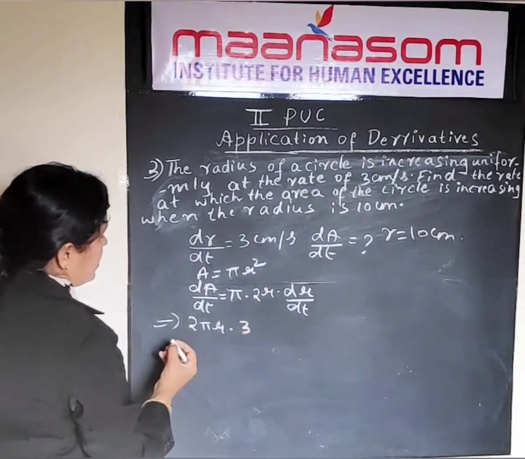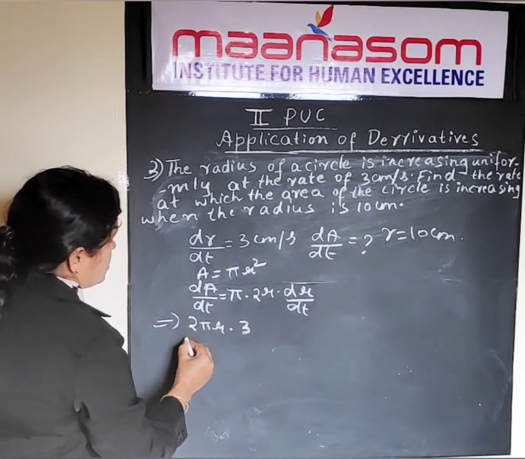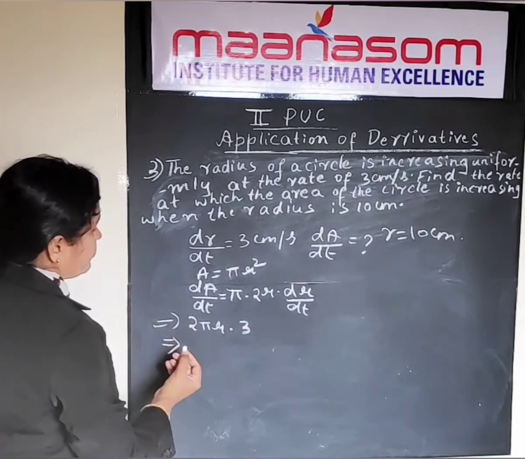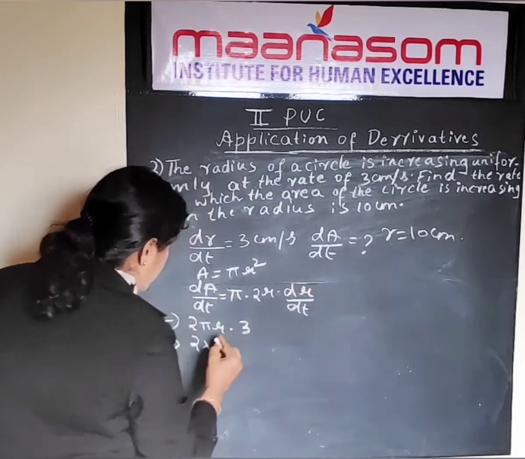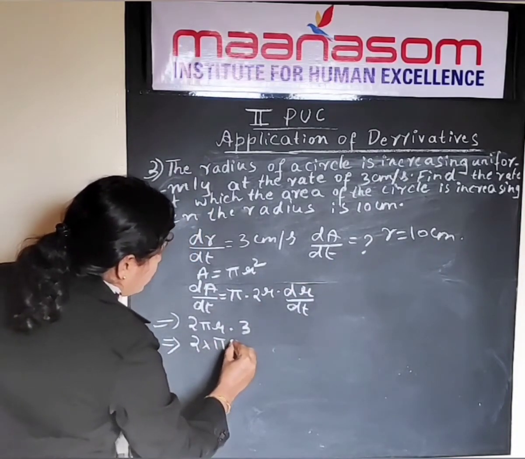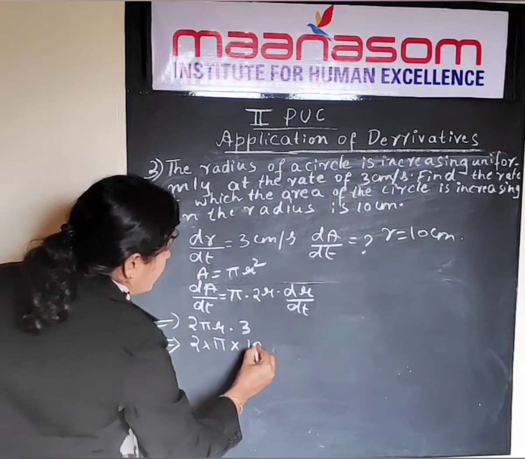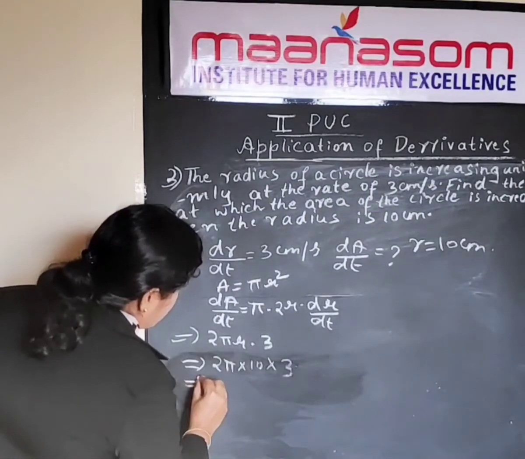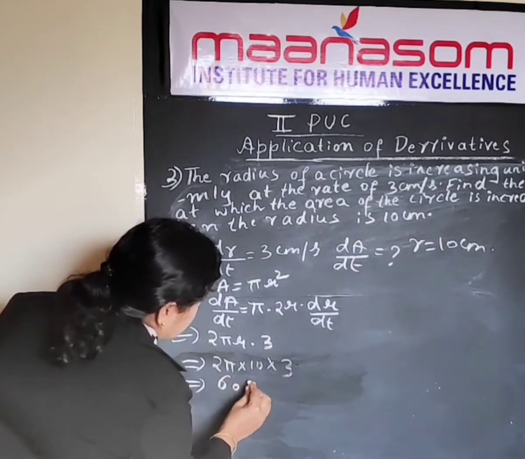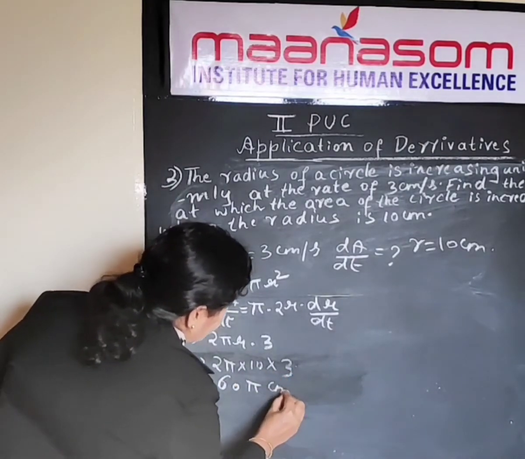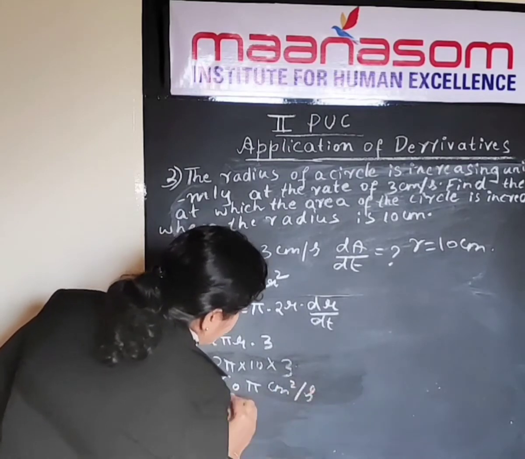So into 3. And they have also given us the value of r here. So let us substitute r. 2 into pi into 10 into 3. So this is nothing but 2 tens are 20, 2 3s are 60. So 60 pi centimeter square per second is the answer.